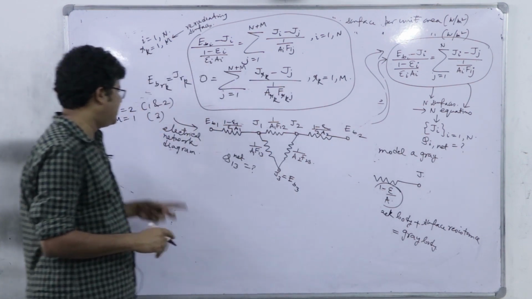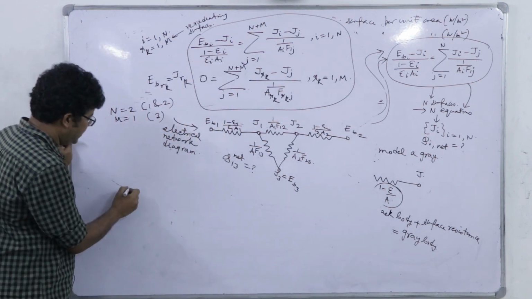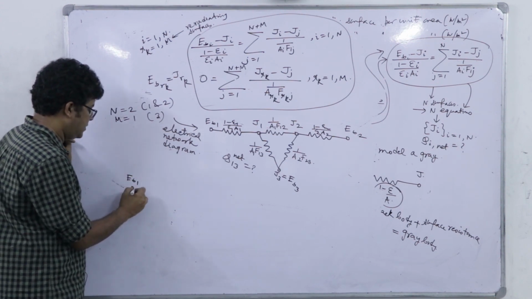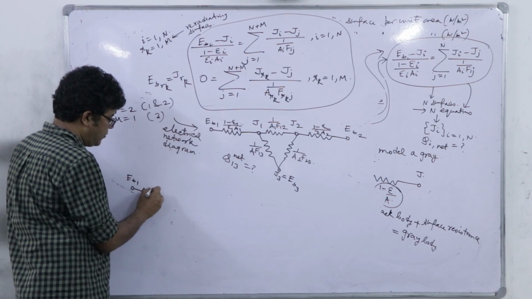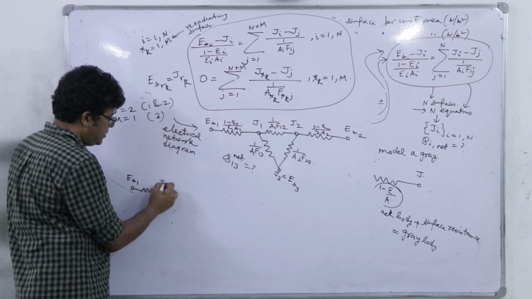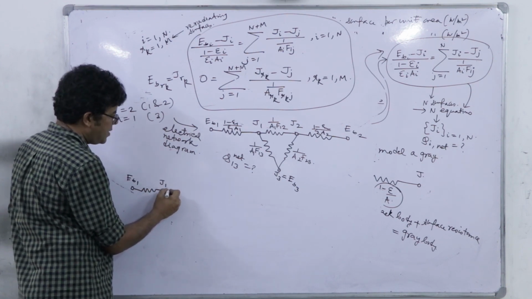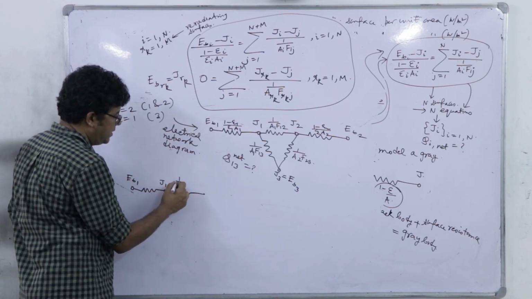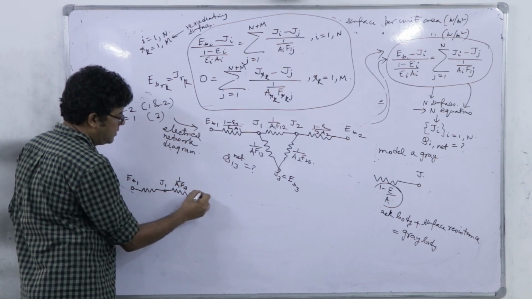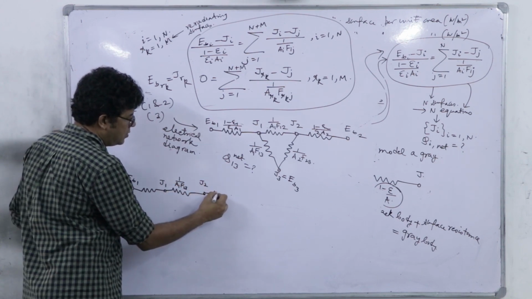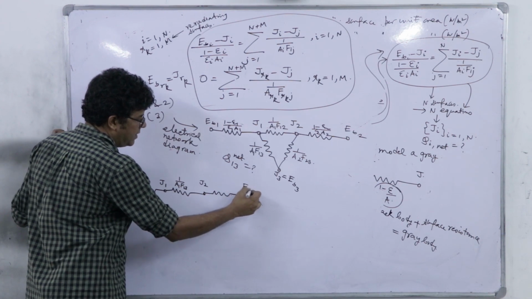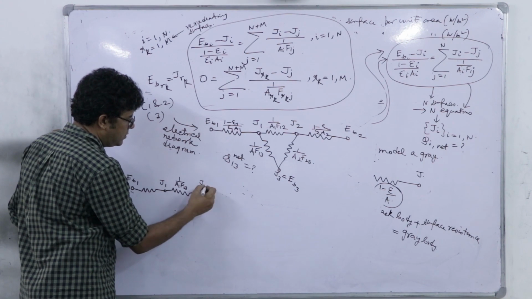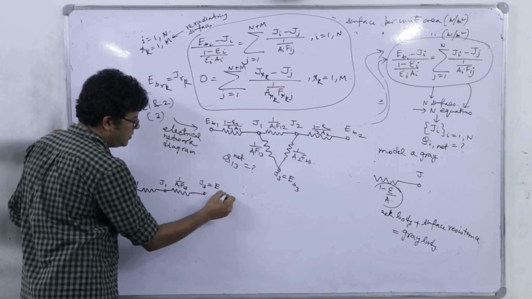If I rearrange this a bit, the same diagram: this is EB1, J1, and the space resistance 1 divided by A1 into F13 going to J3, which is equal to EB3.